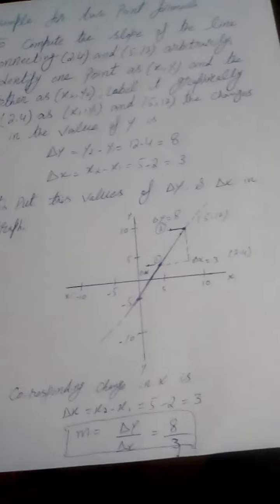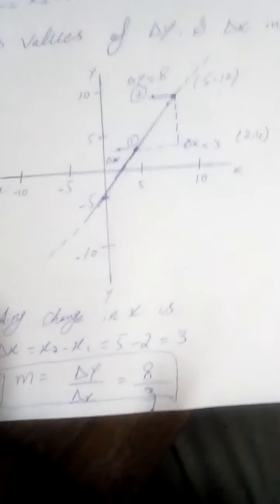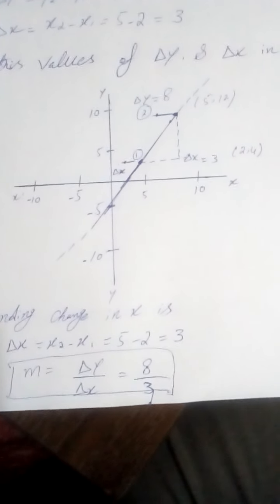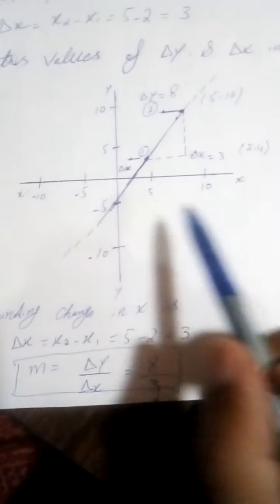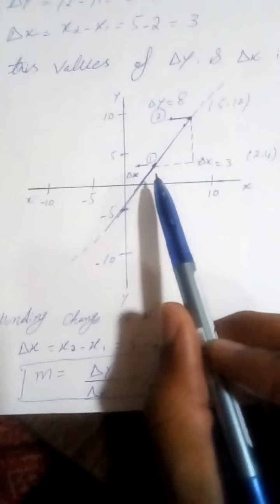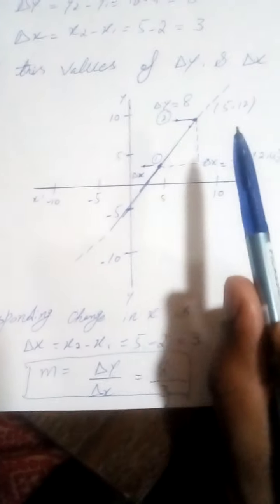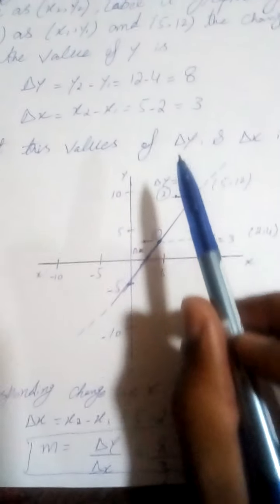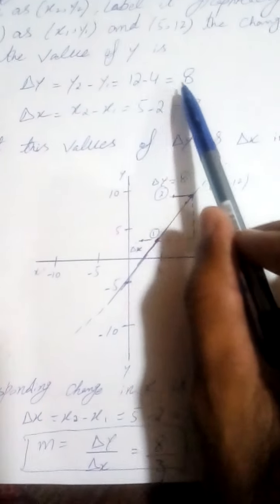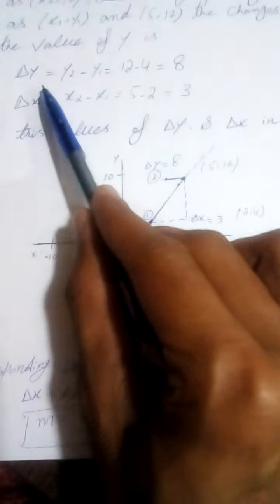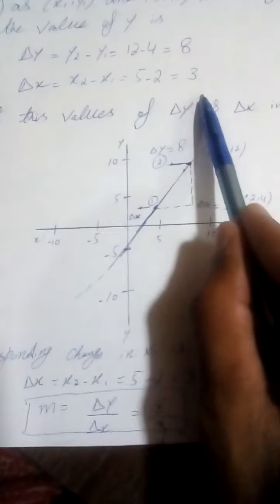Let's put the values of delta y and delta x in the graph. We will have a picture like this graph. Please look at this graph. Here we have the delta x value and here the delta y value. As we solved before, delta y is equal to 8 and delta x is equal to 3.